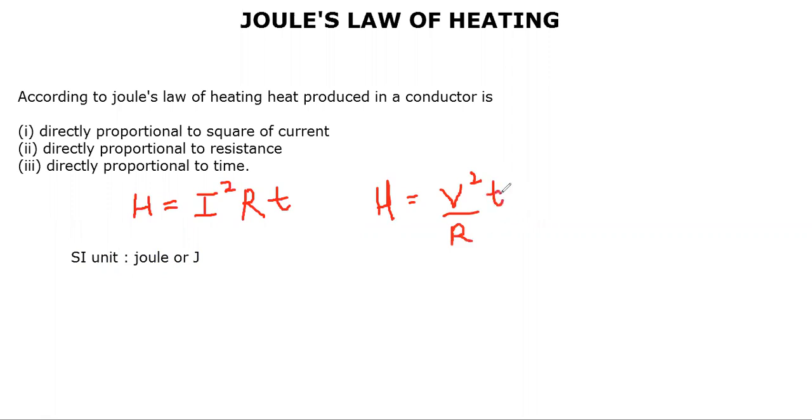So the heat formula can be of two types, I square Rt and V square by Rt. Now the SI unit is Joule, and these are the formulas of heat, I square Rt and V square by Rt.